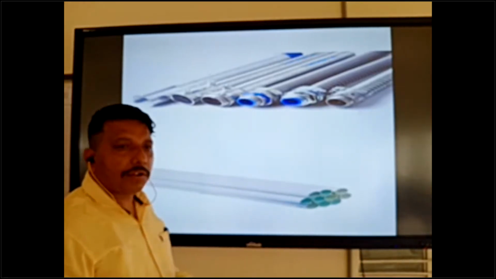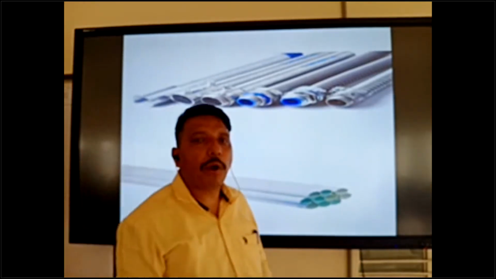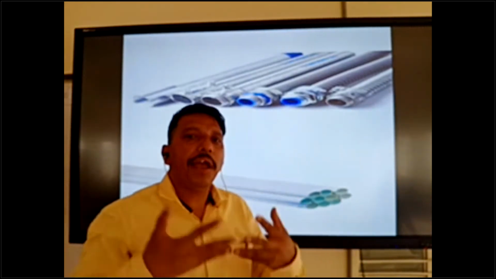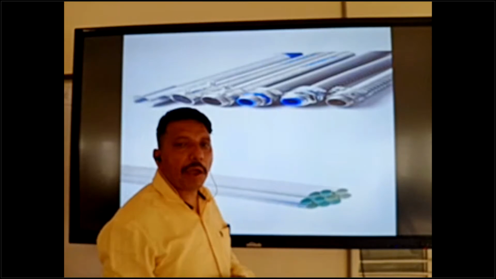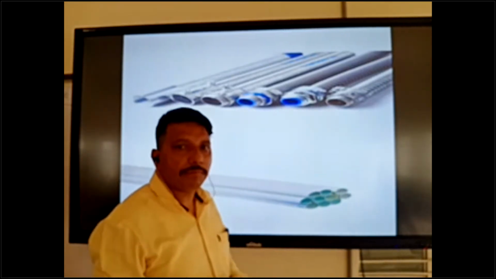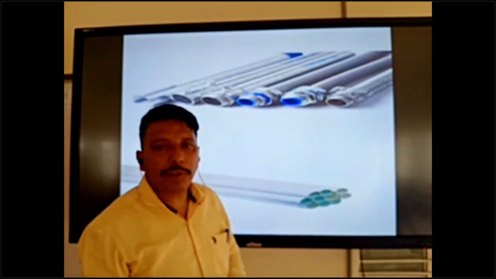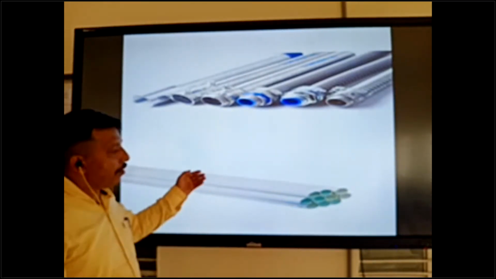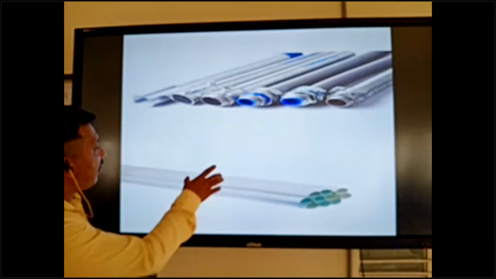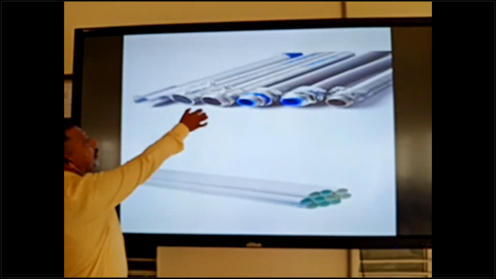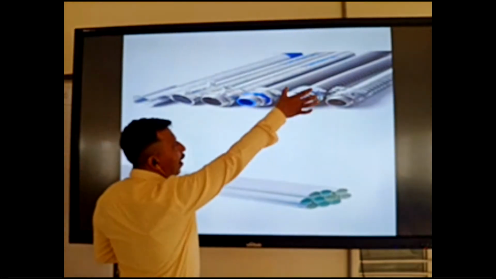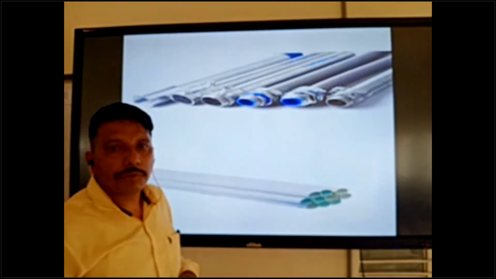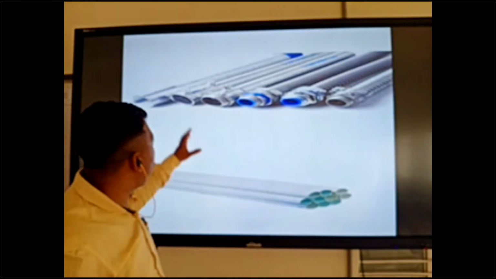So maximum in the Gulf, two types of conduit are used. Maximum 90% use 20 mm and 25 mm. So conduits are available in PVC type, GI conduit, EMT conduit, and PVC flexible conduit. So we have four types of conduit, okay?